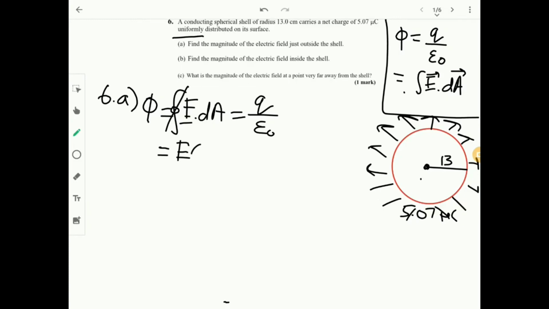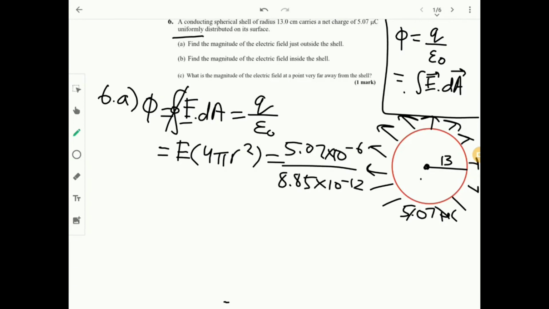So E times, what's the area of a sphere? 4 pi r squared equals 5.07 times 10 to the minus 6 over 8.85 times 10 to the minus 12. We can substitute r, make sure it's in meters.